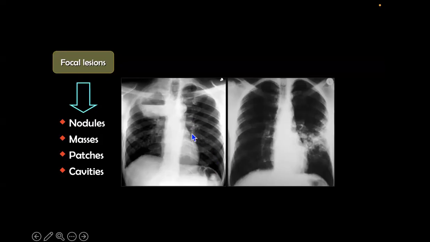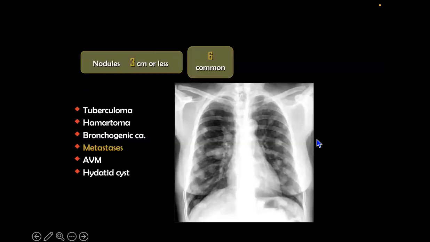So when we have an opacity involving the lingula, we have to think of bronchogenic carcinomas and the wide spectrum of that disease. The middle lobe and the lower lobes are sites for pneumonias, foreign bodies, and others. But what you see, you correlate with the clinical history, and you make the diagnosis of the disease.